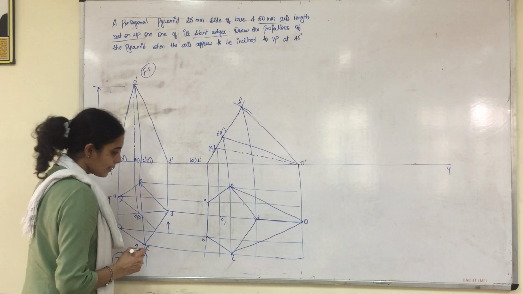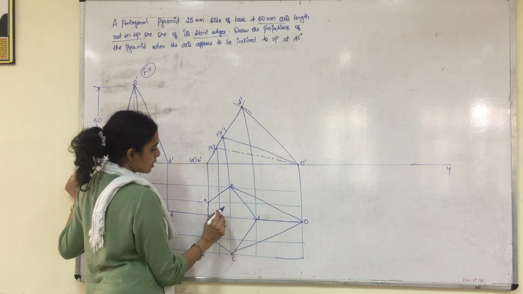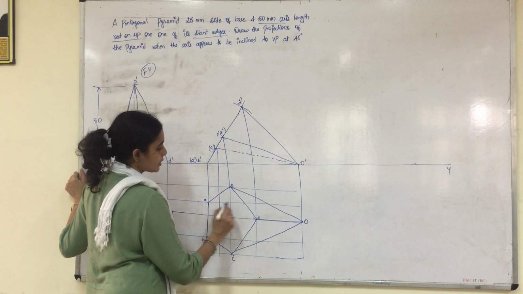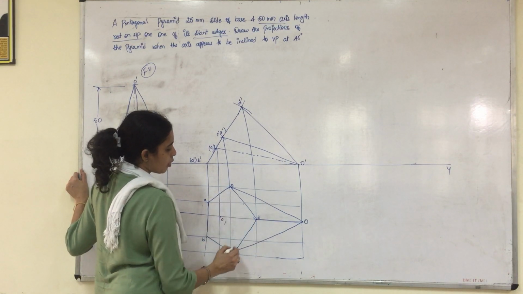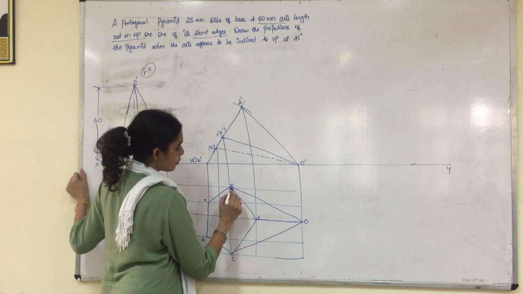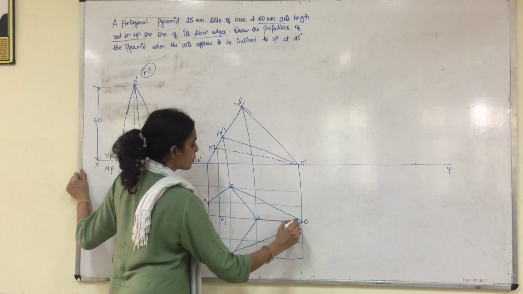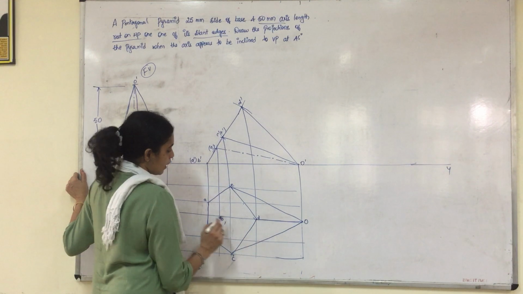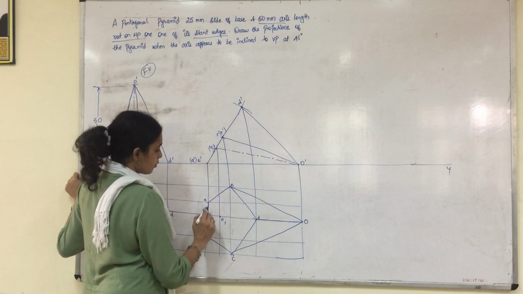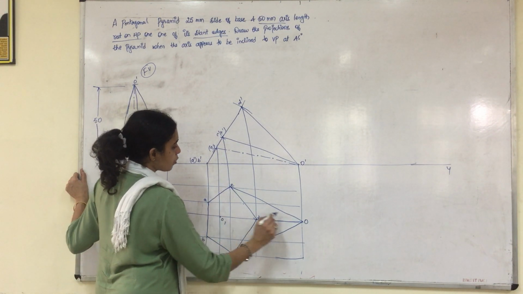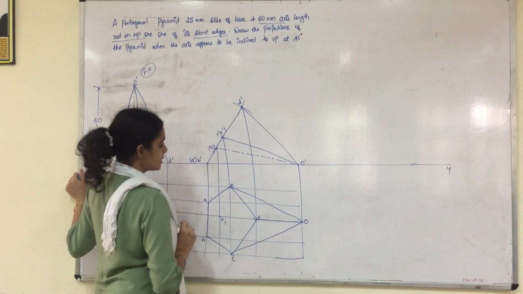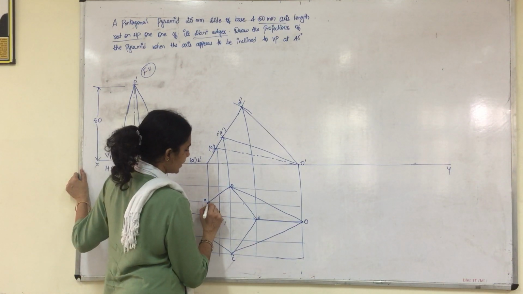After that, you need to see there are other two corners which are passing through inside the surface. From these three corners the projection is passing through outside the surface. But these two are the corners where, if you take the projection to the apex, it will pass through inside the surface and hence this will be hidden.